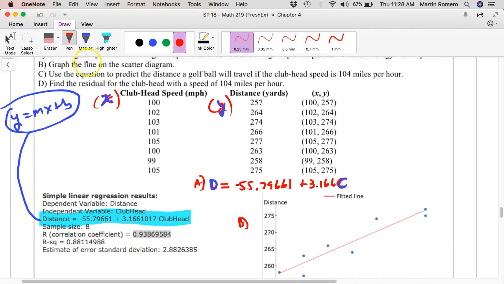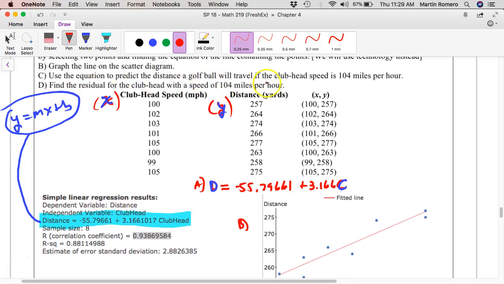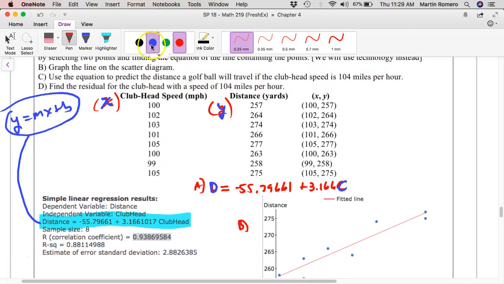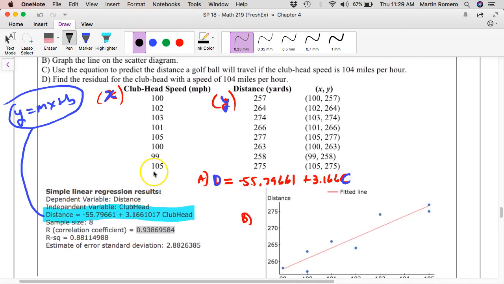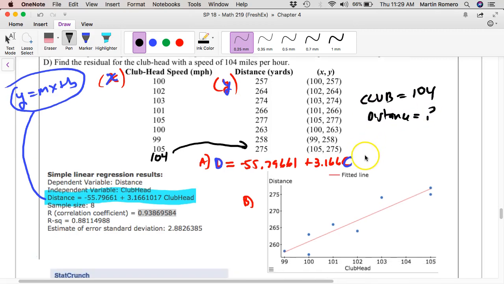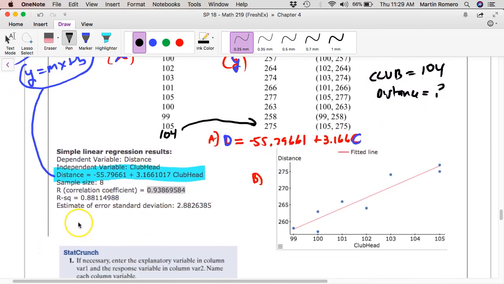Part C: use the equation to predict the distance a golf ball will travel if the club head speed is 104. So what it's asking us now is, if the club head speed is equal to 104, what does distance equal? To answer that question, we just substitute in there.